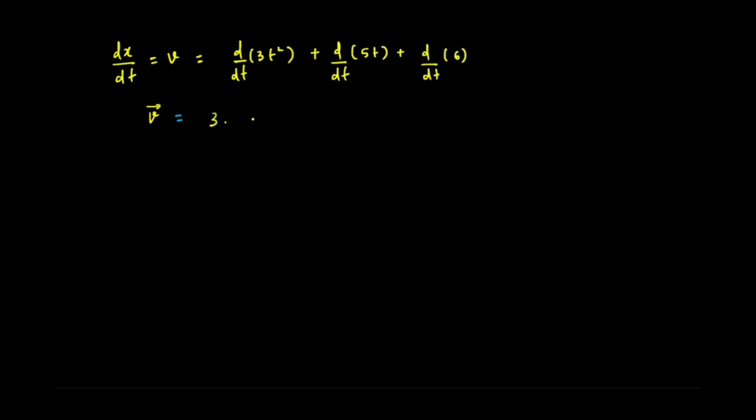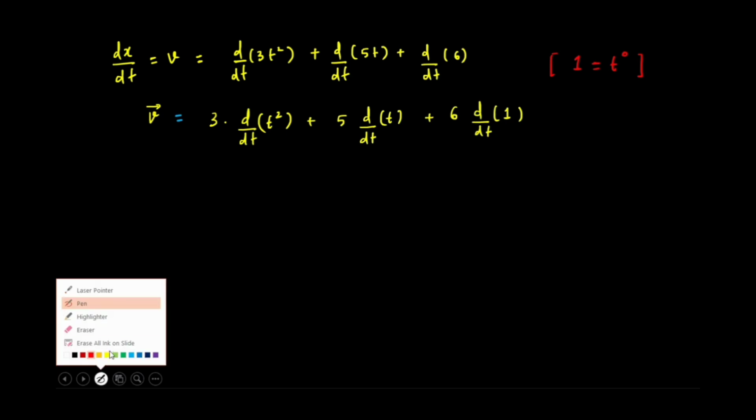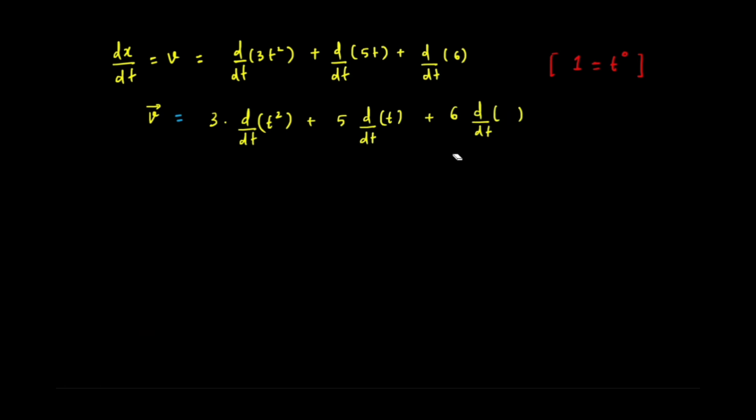So 3 will come out of it, and we can write d by dt of t square. Similarly, here 5 is also going to come out, so inside we are left with t only. Here 6 will also come out, so inside we have nothing. If there is nothing, can I write 1? Yeah. Can I write 1 as t to the power 0? Yeah, any variable raised to the power 0 is always 1. So in place of this 1, I'm going to write t to the power 0.